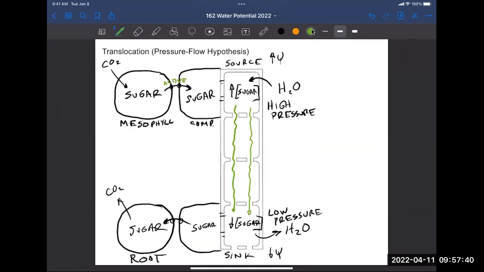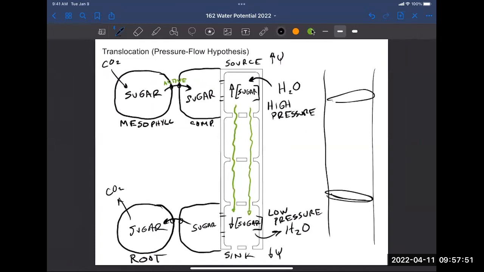Okay, so here's the last thing we have to add in. What's going on with this water? Well, when you look in leaves, the xylem and the phloem are always right next to each other. So here we have, let's draw in some xylem with pits and perforations and all that kind of stuff, these xylem cells that we had before.